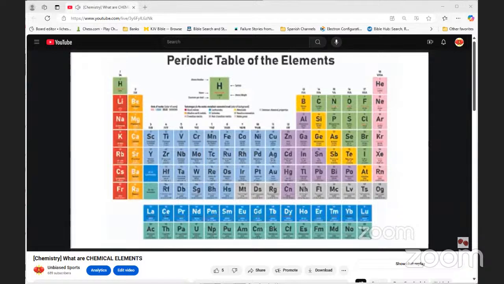Every element on this chart is a natural chemical, okay? So you can't read an ingredient that contains one of these elements and say it's not natural. They're all natural chemicals. This is a chemical chart of elements. Everything here is a chemical, and they are all natural.